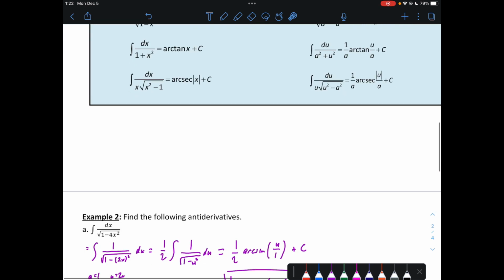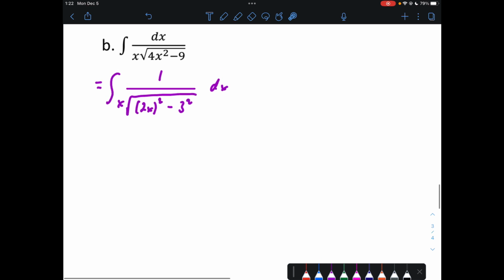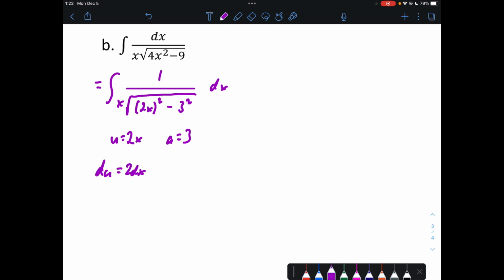Okay, so let's take a look at what we got here. U is going to be 2x again, and then a would be 3. So then du would equal 2 dx, 1/2 du would equal dx.